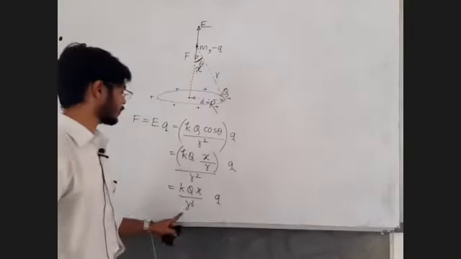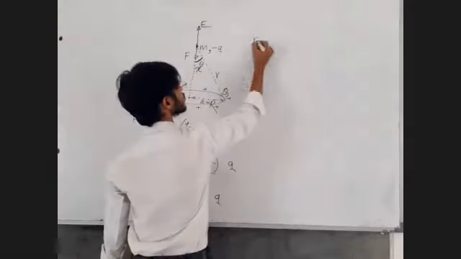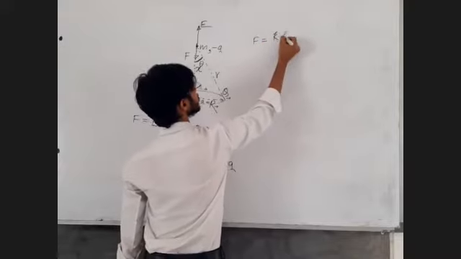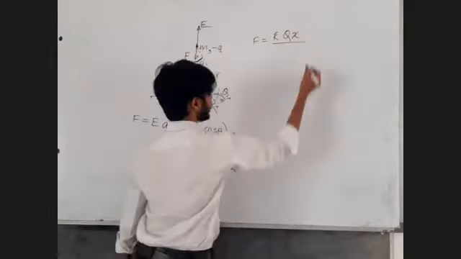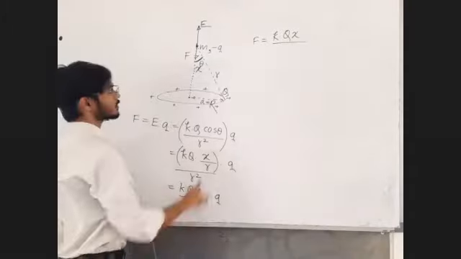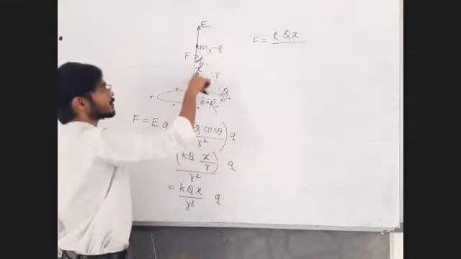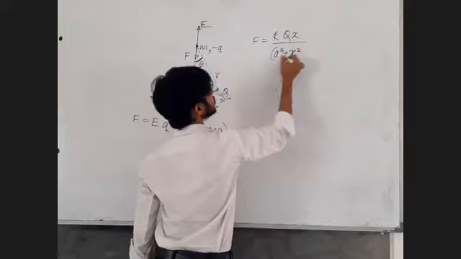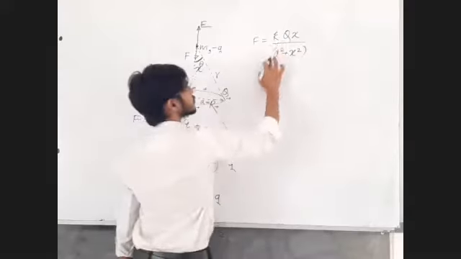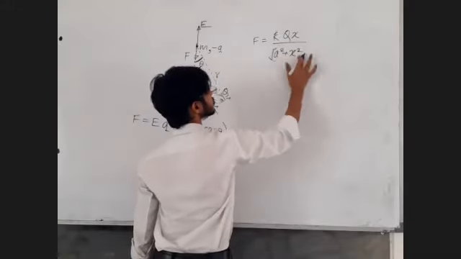We have to replace this value of r. What is the force? K into capital Q into small q into this small x, divided by, what is the r? R means Pythagoras, under root a square plus x square. Square root.